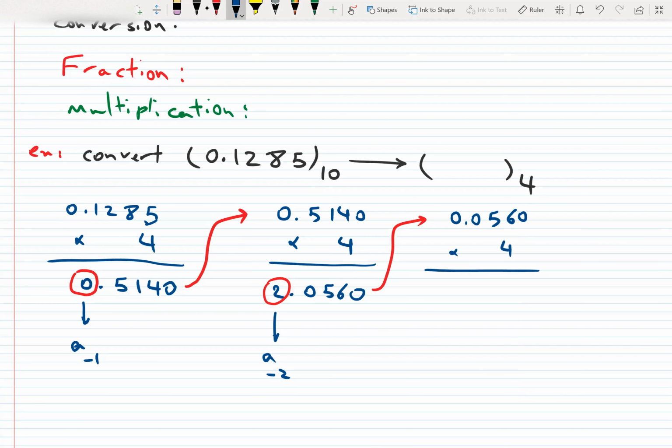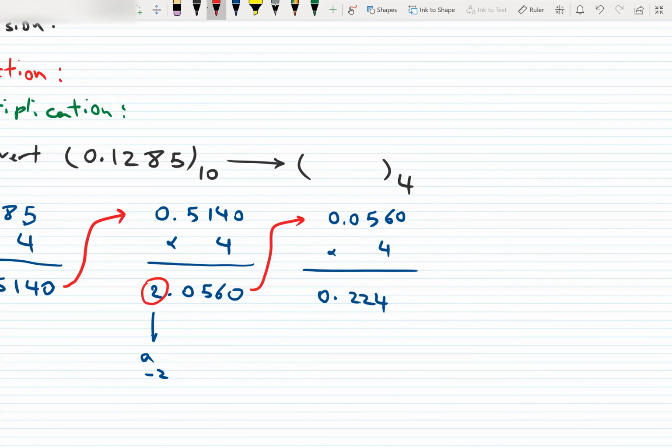The answer is 0.224. Again, we keep this integer part as a minus 3 and multiply 0.224 by 4.